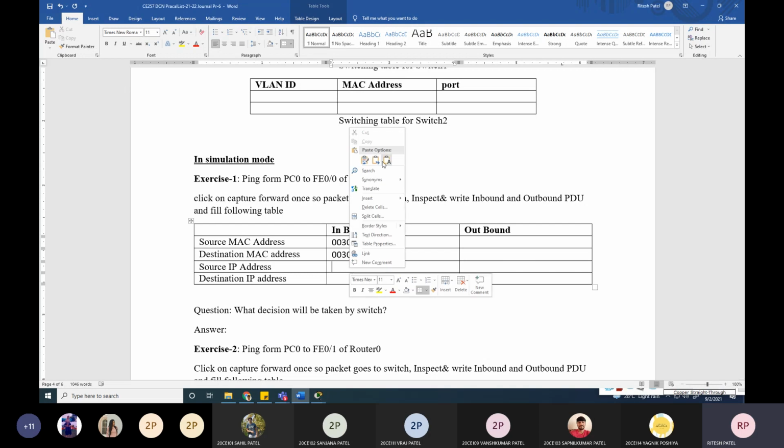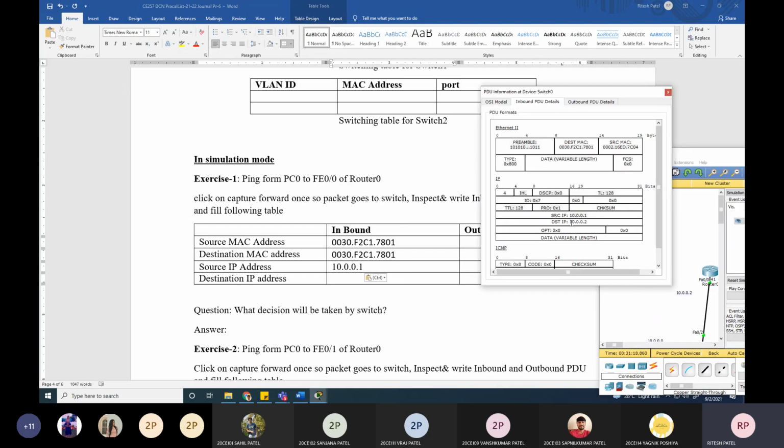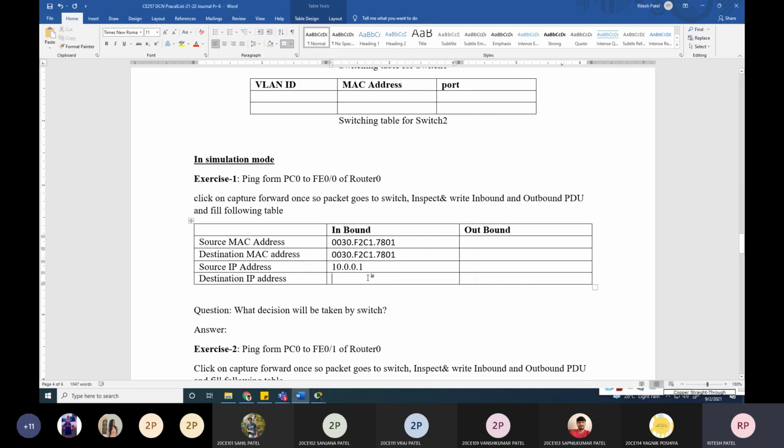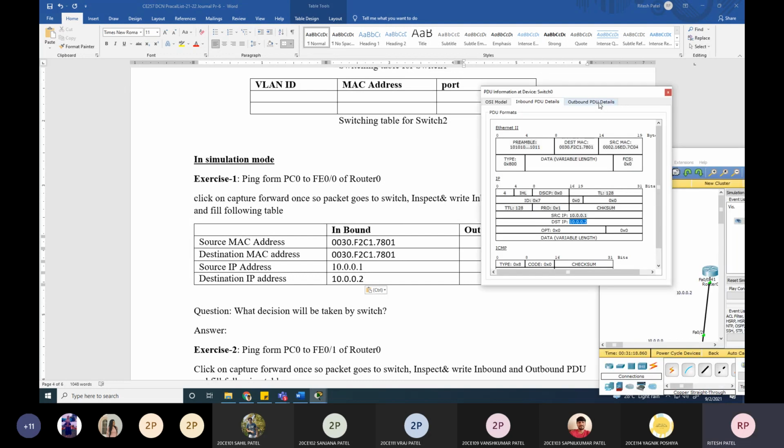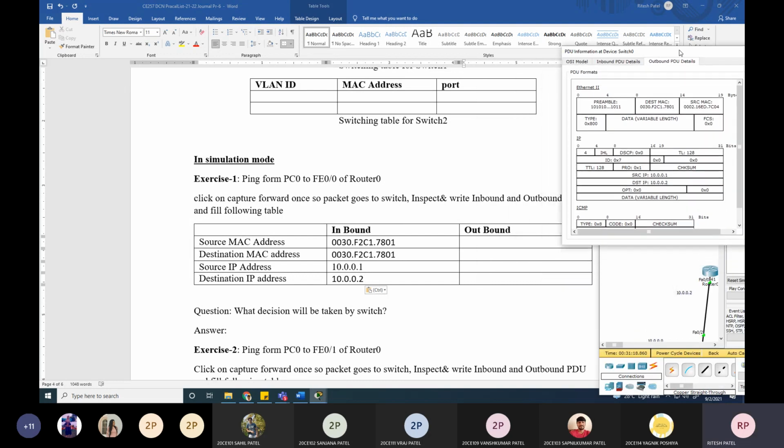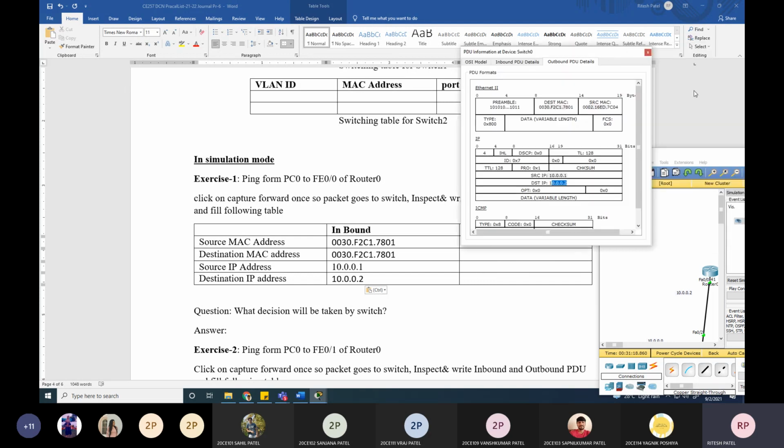Copy, paste, and then copy and paste. Okay, same way for outbound. Outbound is this one. Copy paste the source MAC address, source IP address, and destination IP address, and write over here.